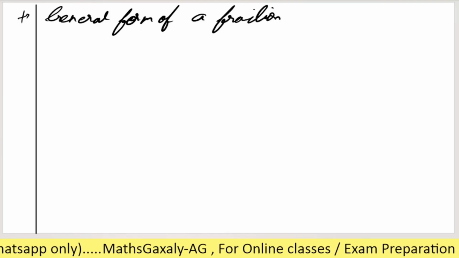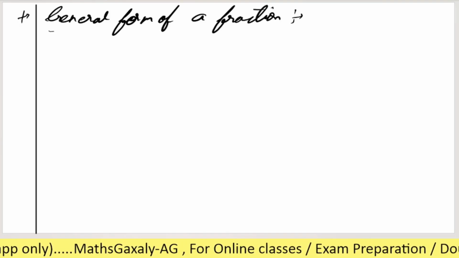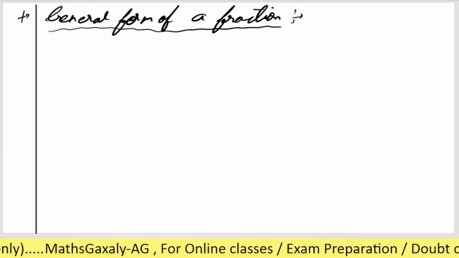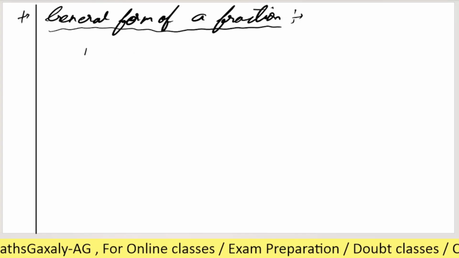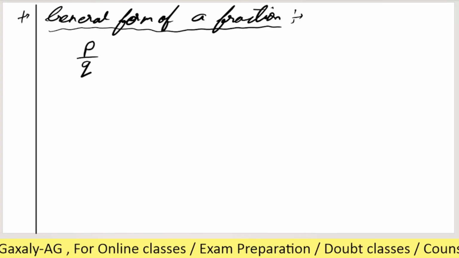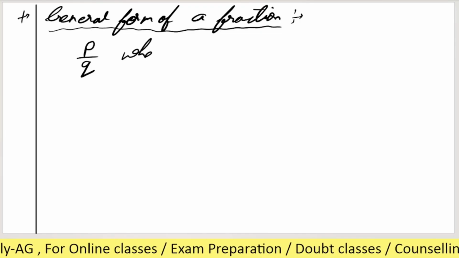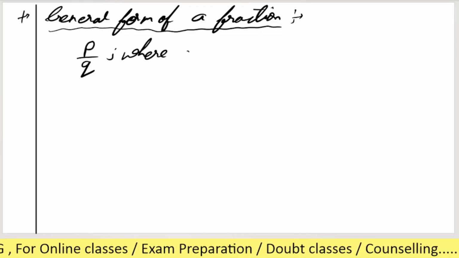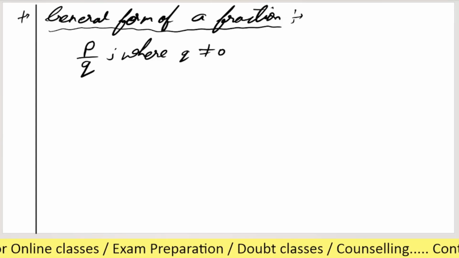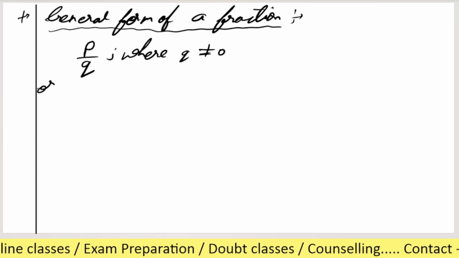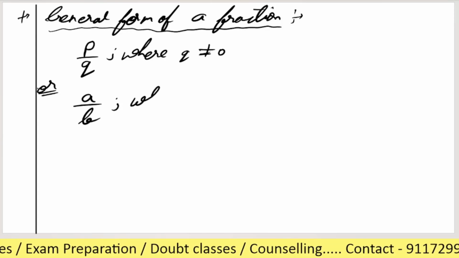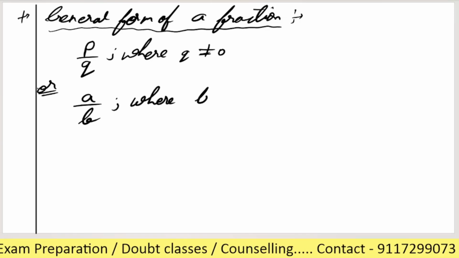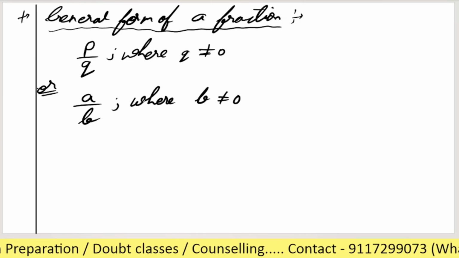Do you know the general form of a fraction? Sir, it is p by q, where q should not be 0. Or you can say a by b, where b should not be equal to 0.